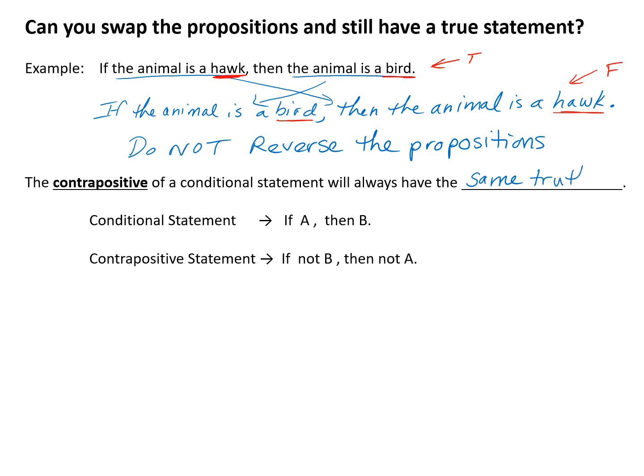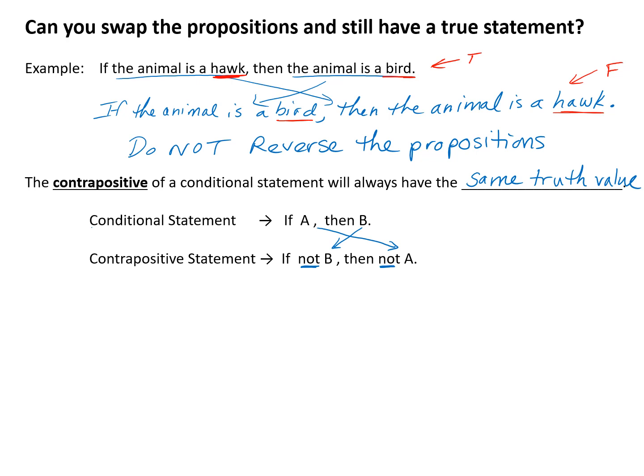In other words, if the original statement was true, then the contrapositive will be true, and if the original statement is false, then the contrapositive will be false. And the contrapositive is a way of reversing the two propositions and their location in the if-then, but when you reverse, so here you see I'm reversing where A and B are, you have to negate at the same time.